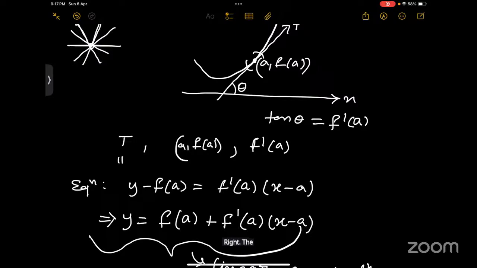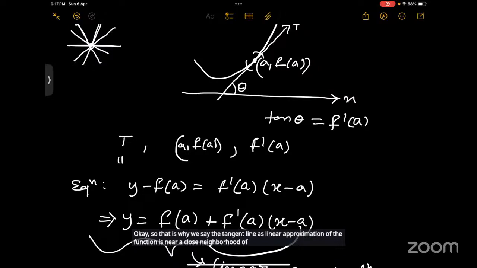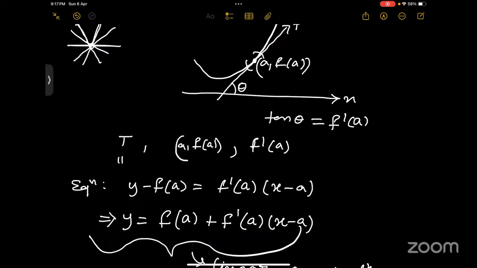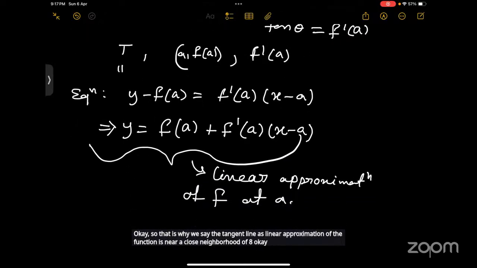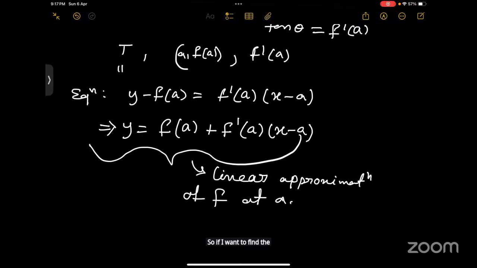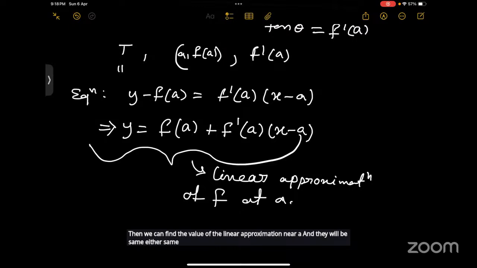The curve is a curve, but the tangent line is a line. That is why this is a linear approximation in a close neighborhood of a. So if I want to find the value of the curve near a, then we can find the value of the linear approximation near a, and they will be either the same or approximately the same.